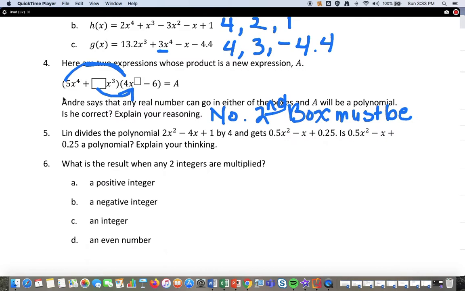But we'd have to have it be greater than or equal to negative 3 because we can't take away more than 3 from this exponent, or else we'll get into the negative exponents and that won't work. So here, the second box must be greater than or equal to negative 3.